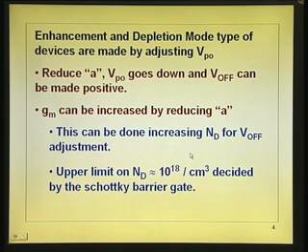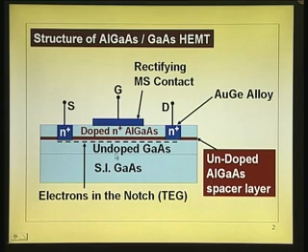Reduce A to get better transconductance, but you cannot get greedy and go on reducing A, because then you have to accompany it by increasing doping, and there is an upper limit on doping. What is the upper limit? Schottky barrier diode. Reduce the thickness, but increase the doping so as to keep the pinch off voltage same. But the upper limit is the Schottky barrier.